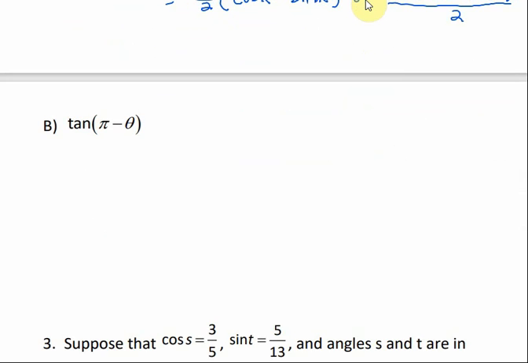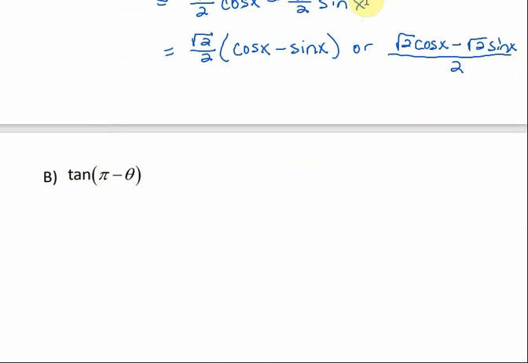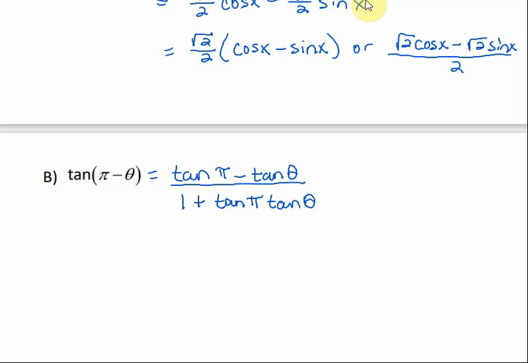All right, let's simplify the tangent of pi minus theta. Okay, so this is the difference identity for tangent. So this would be the tangent of pi minus the tangent of theta over 1 plus tangent of pi times the tangent of theta. Okay, so you know theta is just a variable. So we can replace tangent of pi with 0.